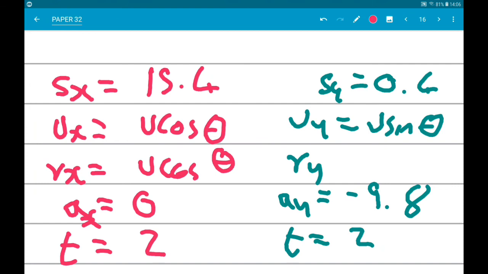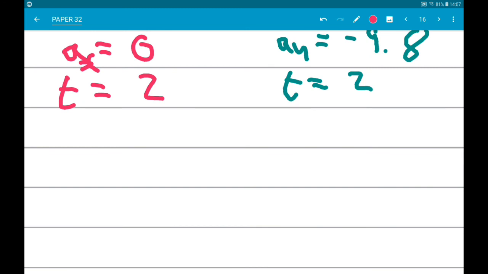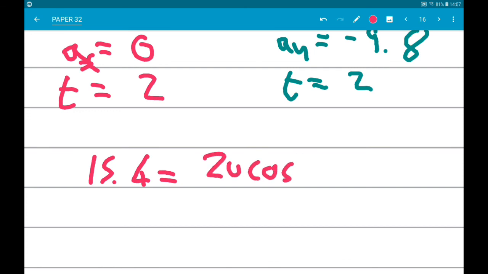Alright, so what clever things can we do here? What we can do for both is use s = ut + 1/2 at squared. So horizontally, we're going to get 15.4 is equal to 2u cos theta. Horizontal acceleration is 0. And then vertically, we know our displacement is 0.4.